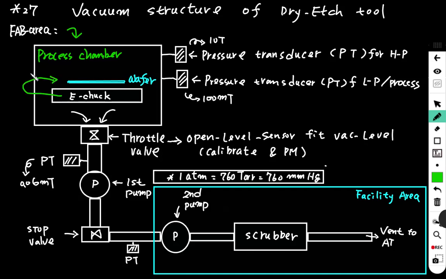The e-chuck is used to make the wafer absorb here, to fix the wafer, to let it not move. It uses the high voltage principle to fix the wafer.